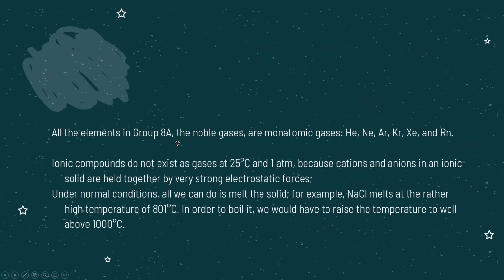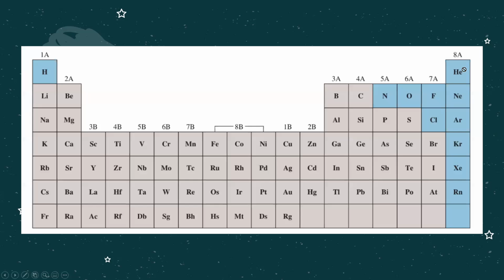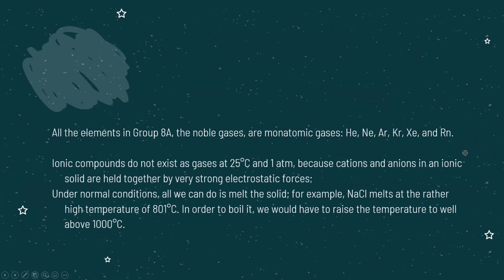All right. So all the elements in group 8A are known as noble gases. I think we talked about them. Remember the octet rule, the octet thing that doesn't really exist. Well, anyways, they're noble gases. Why are they called noble gases?